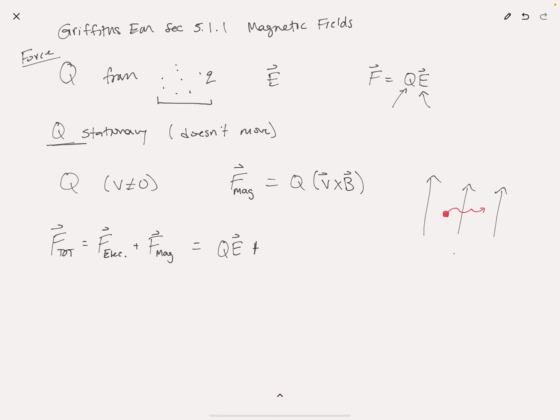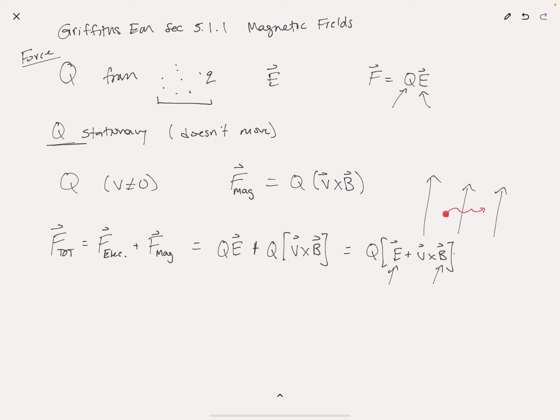My trackpad is not working super well. Q times V cross B, or equivalently Q(E + V cross B). So if we can find our magnetic fields, and we already know we can find electric fields, then we can calculate the total force that a charge feels. That's going to be the goal for pretty much the remainder of the class, is to find magnetic fields.